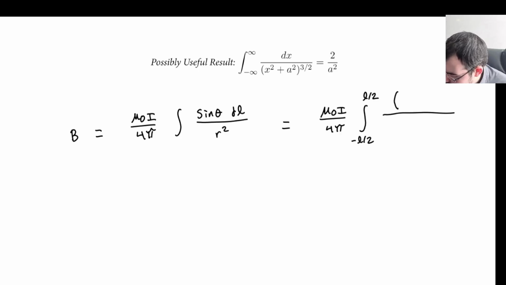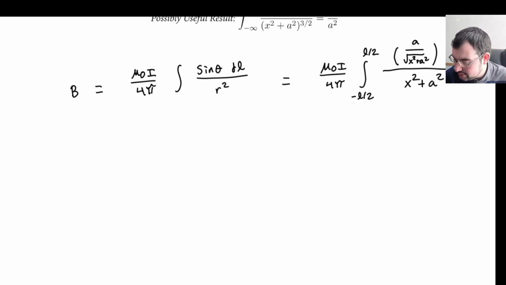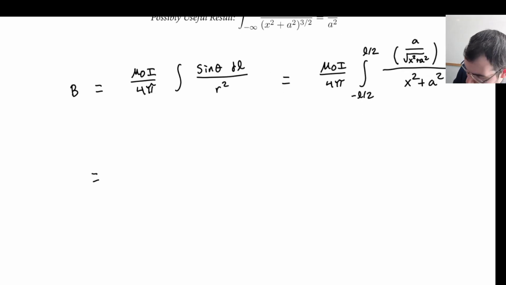Sine theta is a divided by the square root of x squared plus a squared, opposite over hypotenuse. Our dl is just dx, and then r squared is the square of the Pythagorean distance. Okay, so now we can simplify, and we do get a familiar looking integral, because the a can come out as well.